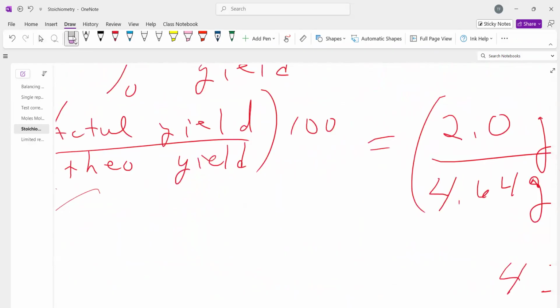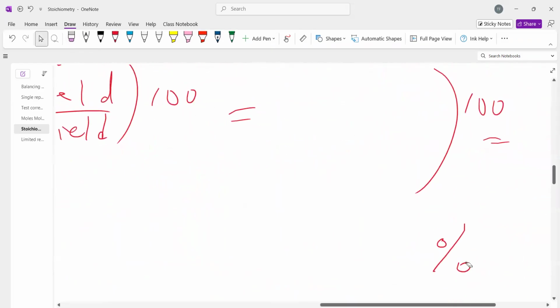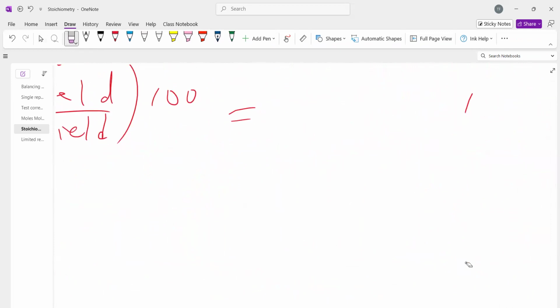Now, frequently when you do stoichiometry problems, they'll ask you for a yield, percent yield.